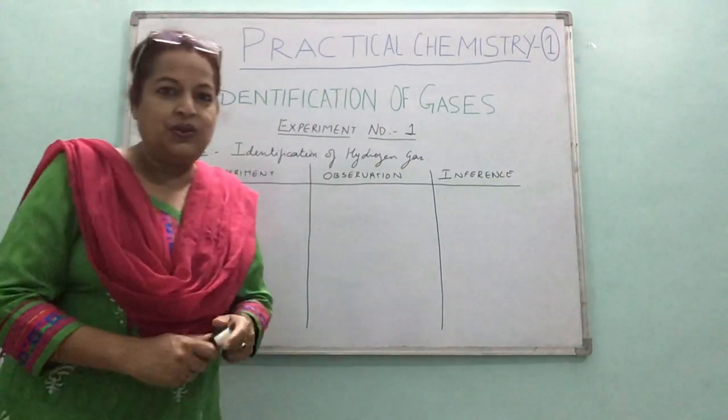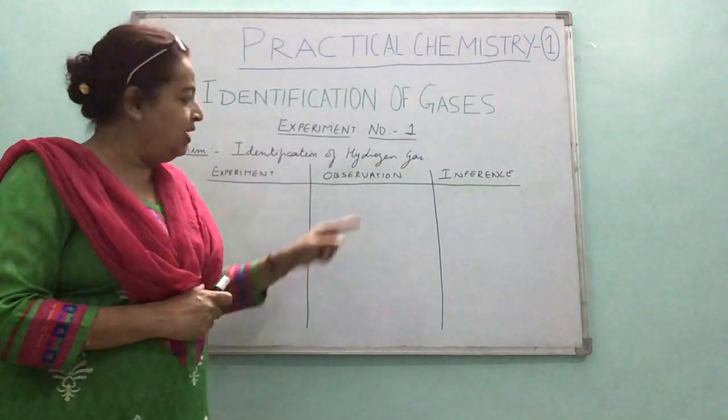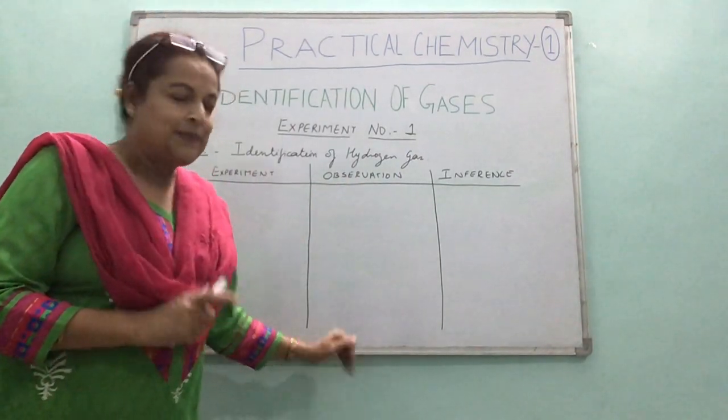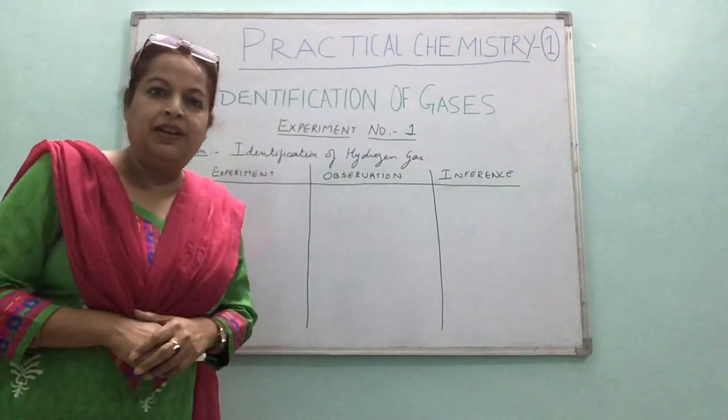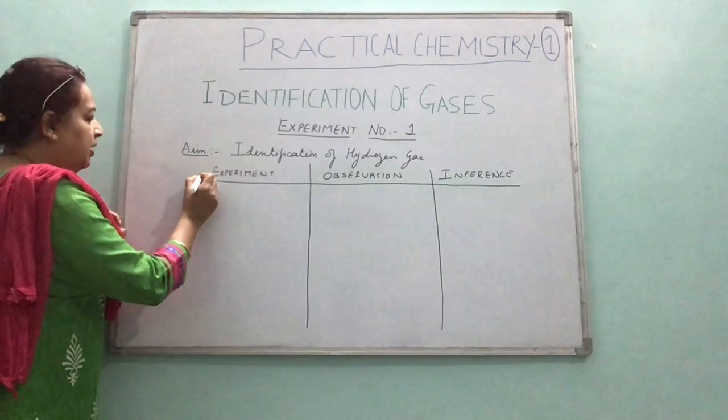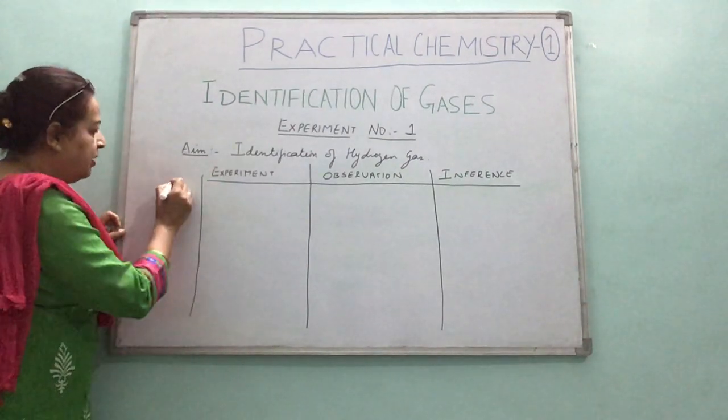You definitely get a question on observation in the examination, and practical chemistry teaches you how to write answers on that. So my first aim is to identify hydrogen gas, and the first part is what I am going to do.